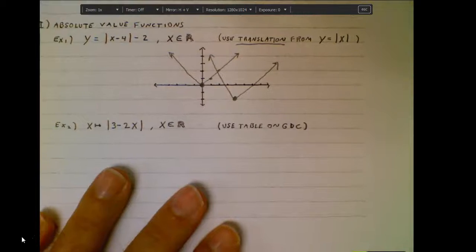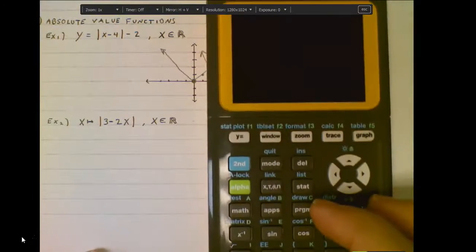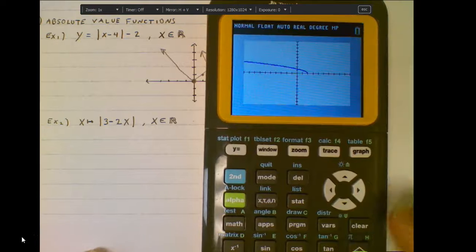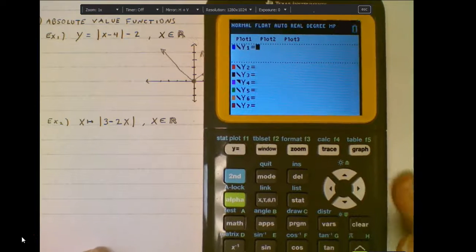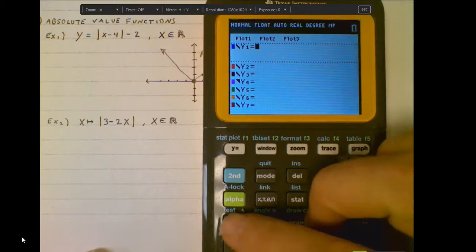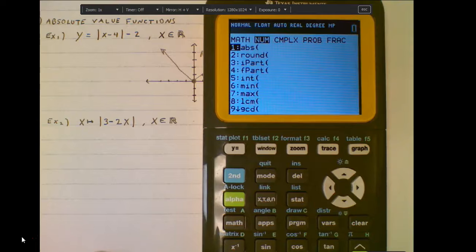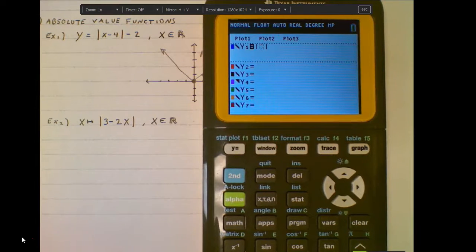Your calculator can do absolute value graphs, so let me show you that one real quick. You probably haven't used this feature before, but if you go into your y equals graph, the absolute value sign is under math, and if you bump to the right 1 column, it's the first option that says ABS. So hit enter, and it brings up the absolute value for you.